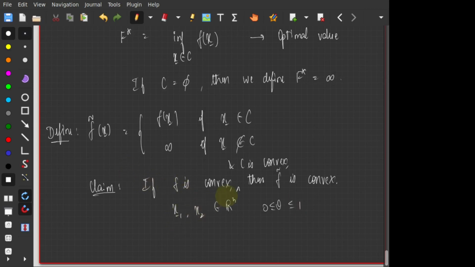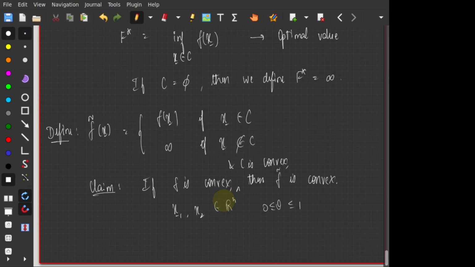So let's take any 2 points, right? If both of these points are within the constraint set, then there's no issue at all. You agree? You always have f of theta times x1 plus 1 minus theta x2 is always less than or equal to theta f of x1 plus 1 minus theta f of x2.